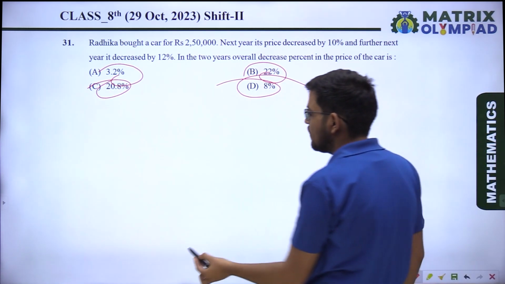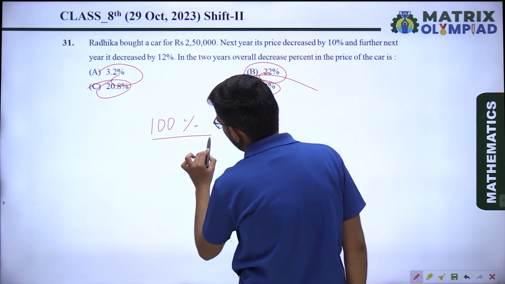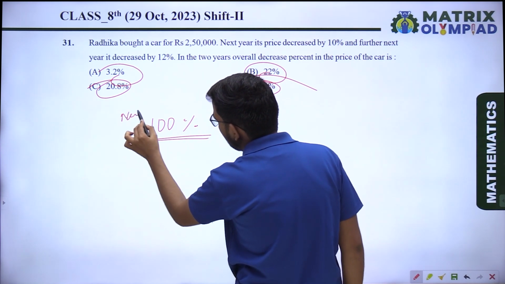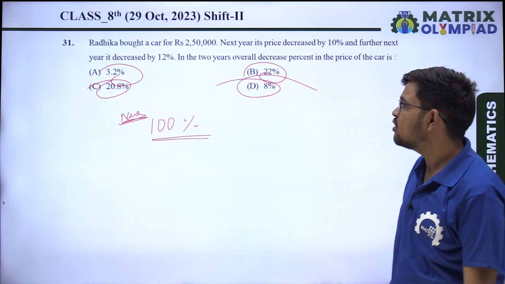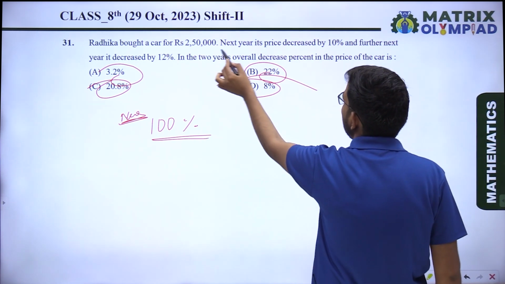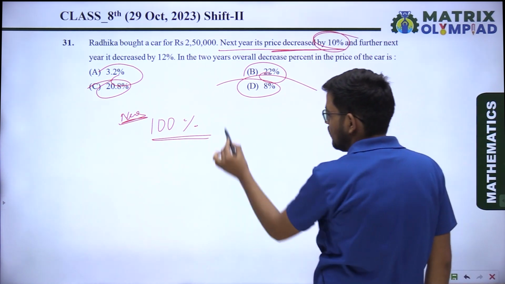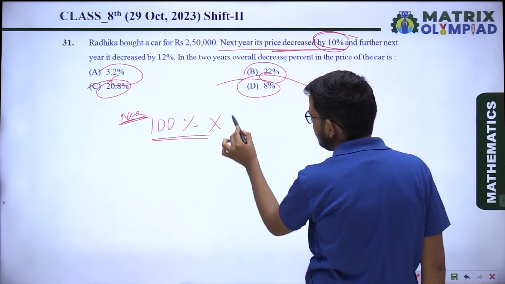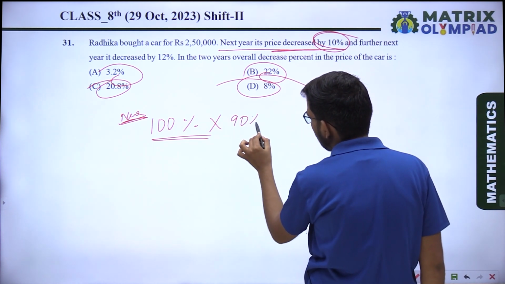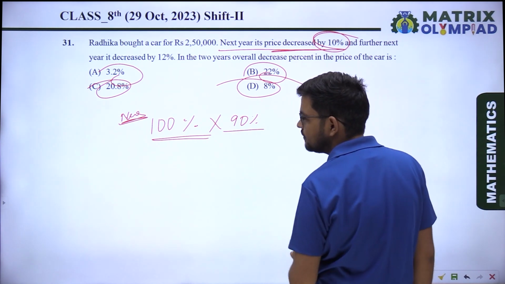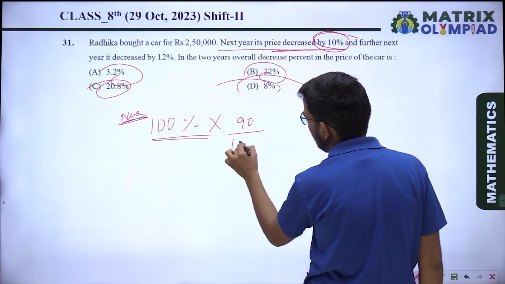So just assume the car price at new condition is 100%. Next year the price decreased by 10%, so after 1 year the price is 90%. How will you write the 90%? 90 upon 100.